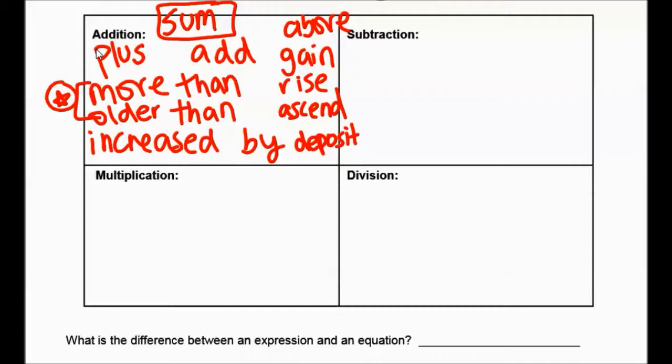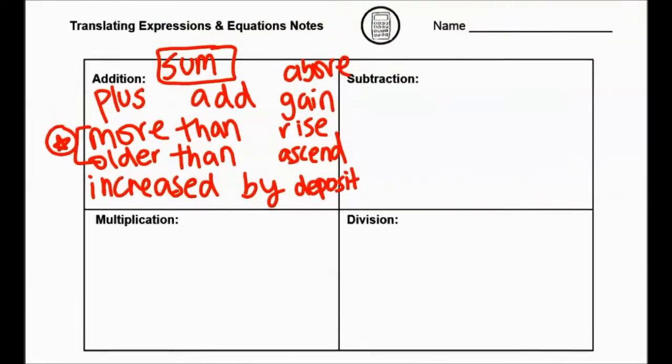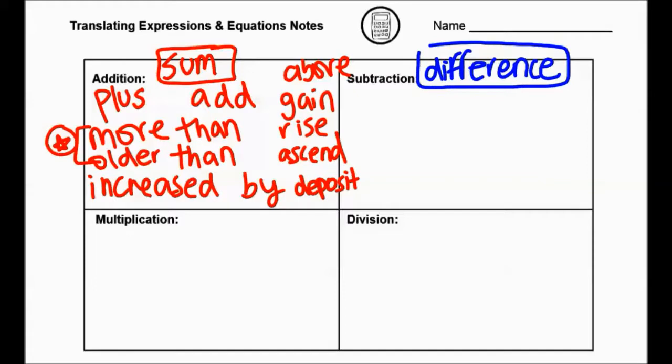Next, words that tell us to do subtraction. The answer to a subtraction problem will be difference. And again, we're going to box that because that is actually the answer to a subtraction problem. Okay? We have our regular minus and subtract.